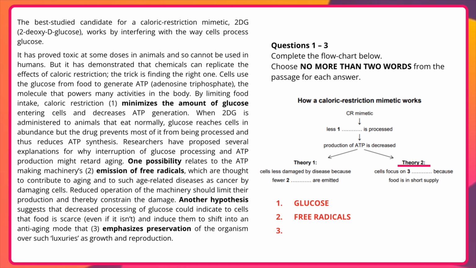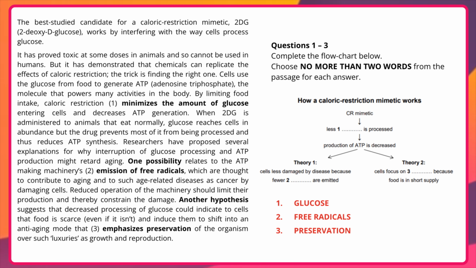Now coming to the third question, which is theory 2, and the question is cells focus on dash because food is in short supply. The answer is preservation. Focus on, emphasizes can be taken as keywords or the paraphrased words.